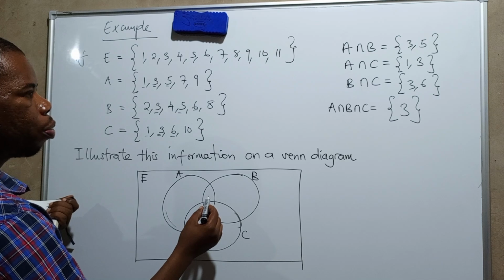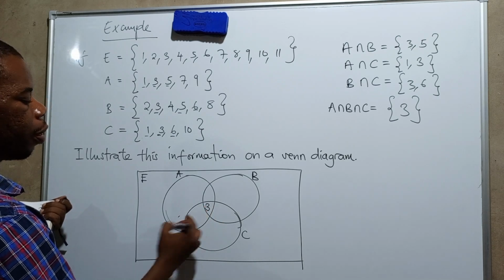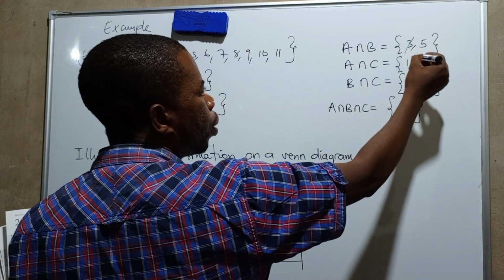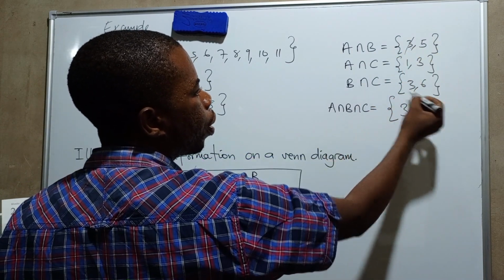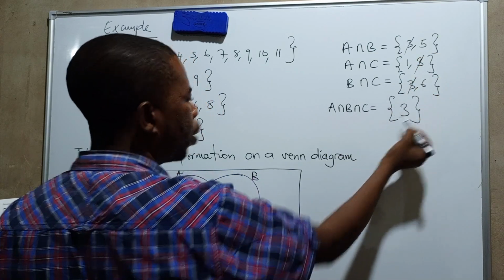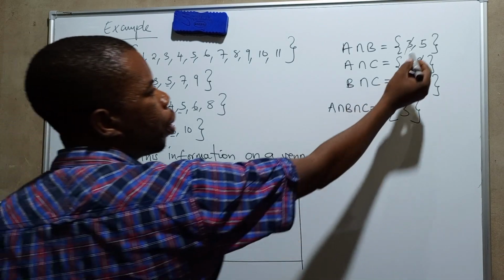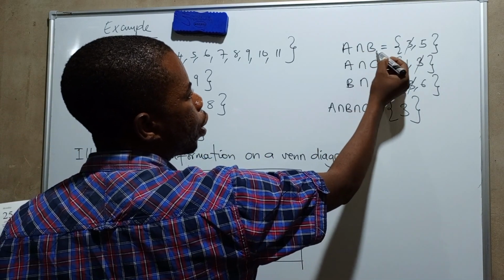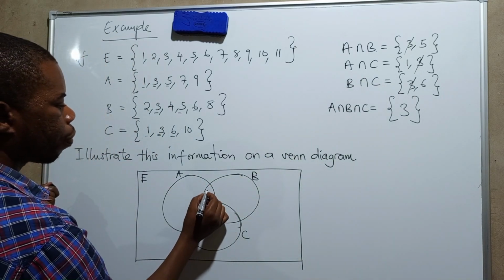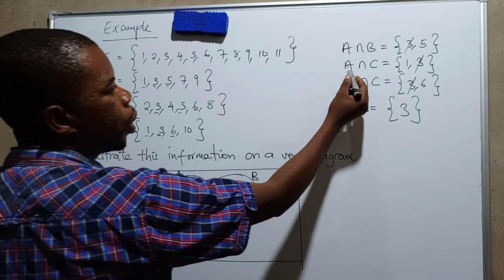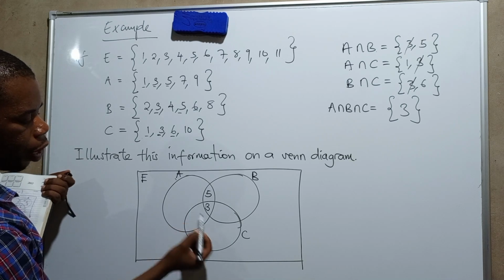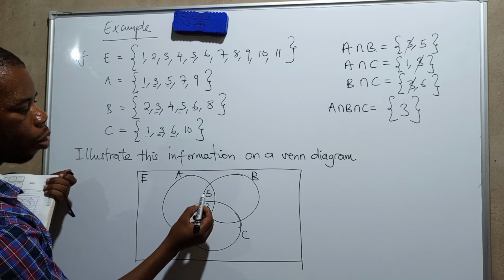Since 3 has already settled there, we cancel it here. So what we are remaining with in A intersection B, this part here, is just 5. Then between A intersection C, this part here, 3 is already cut, so I put a dot here.